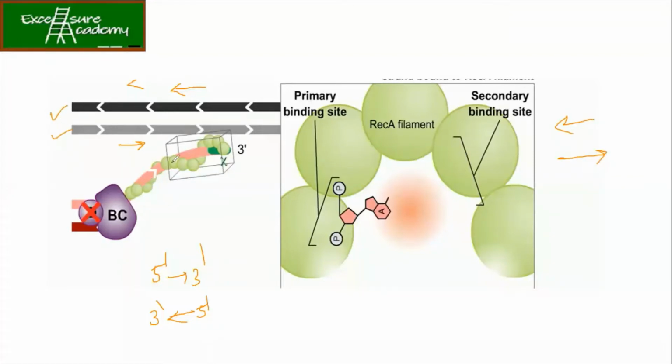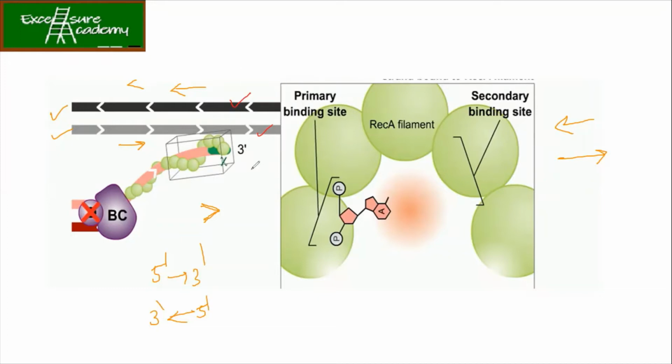Now this pink strand, can you see what is the direction? It is this direction. So obviously, when base pairing should happen, it should happen with which strand? Black or gray? Which direction then it should be? Tanvi, did you understand? Yes, ma'am.